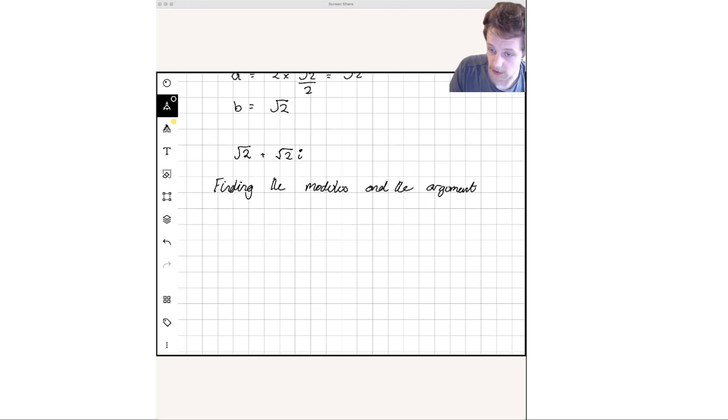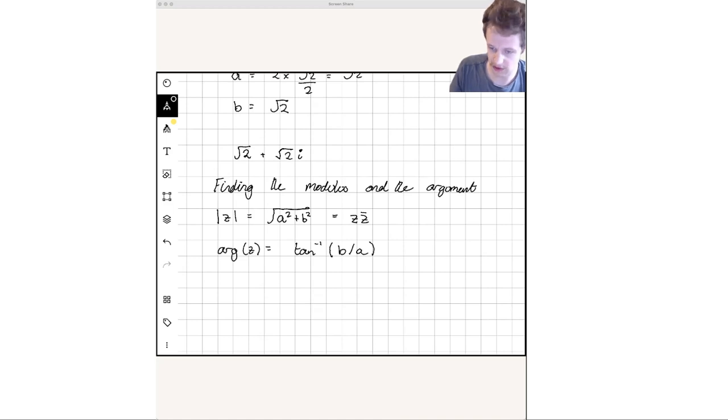Well, to find the modulus, we'll denote it with bars on either side of the number, and this is just written as the square root of a squared plus b squared, which is in fact the same as the number z multiplied by its complex conjugate that we learned about last time. The argument that we're going to write as arg z also has a simple formula, and it's just the inverse tan of b over a.